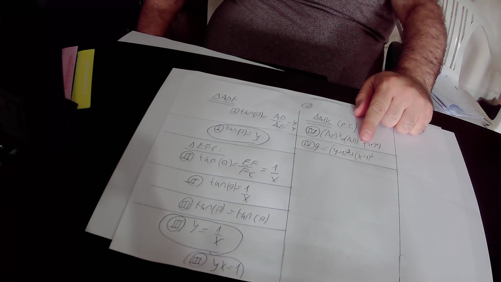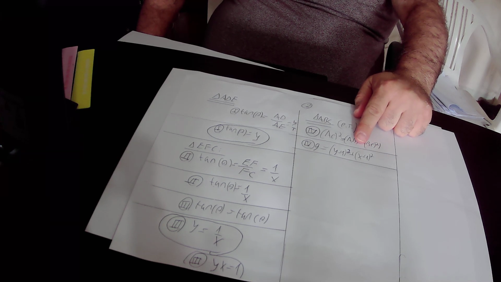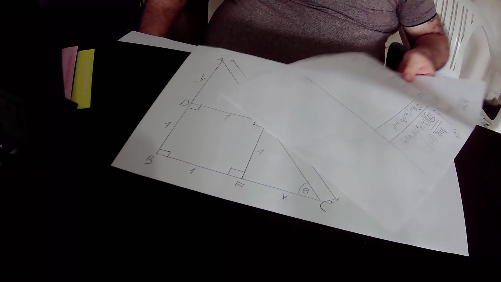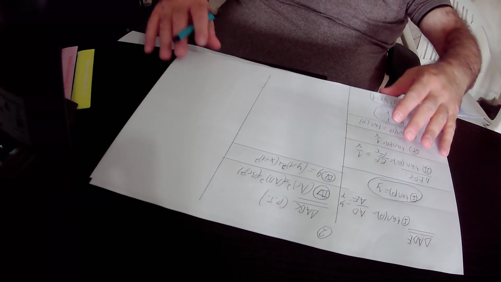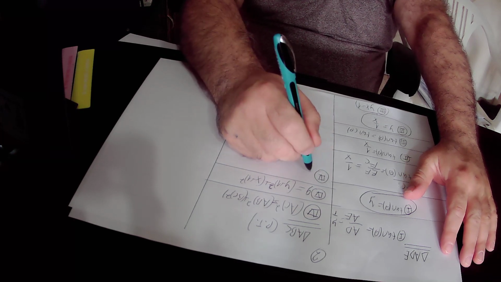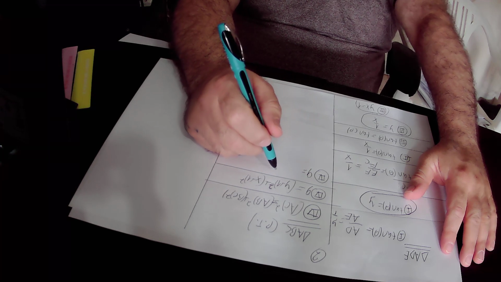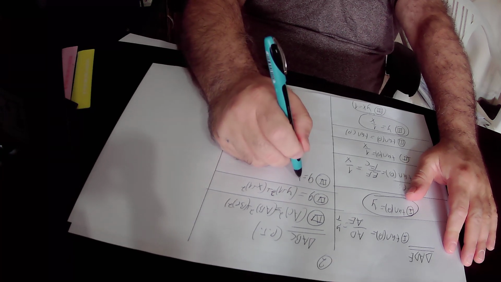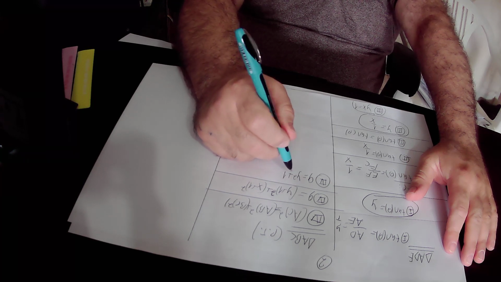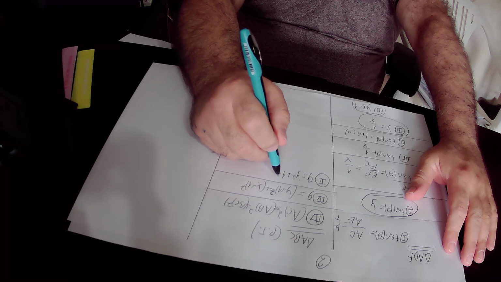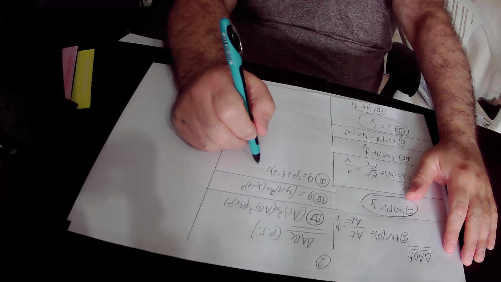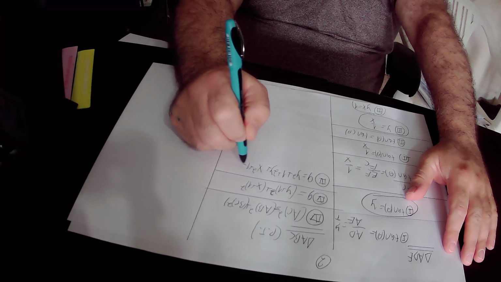Here we will open the brackets on this side of equation number 4, and we will get that 9 equals y plus 1 square, which is y square plus 1 plus 2y, plus x plus 1 square, which equals x square plus 1 plus 2x.